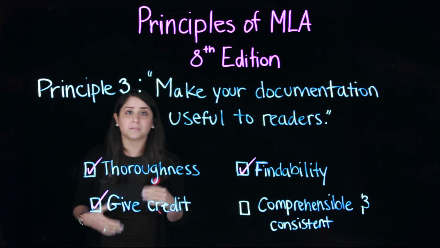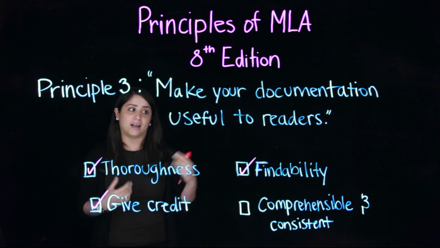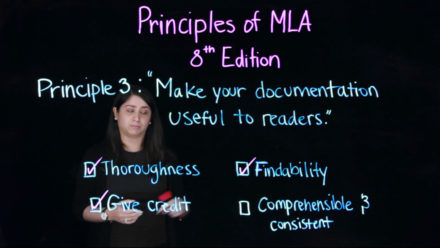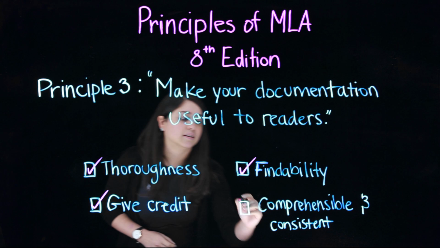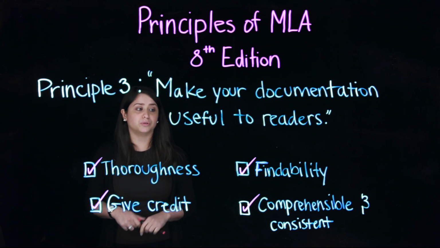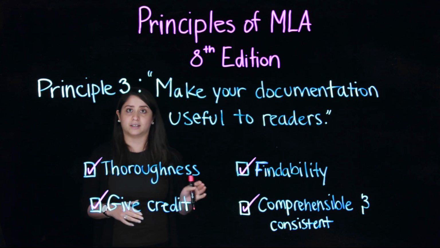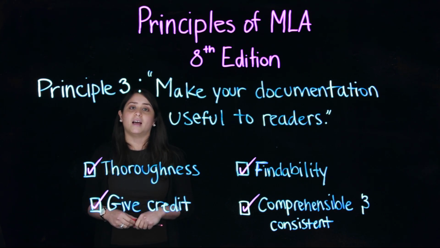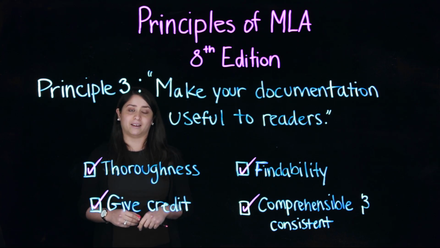Third, you want to make sure that your sources are easy to find by your readers. And that's usually, again, done through in-text citations and a works cited page. Lastly, you want to make sure you include sufficient information that is comprehensible and consistent in structure. Usually this is done by having a uniform structure and format.